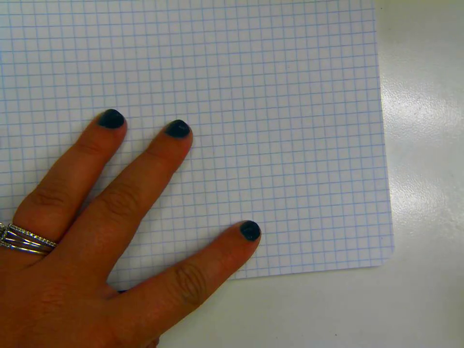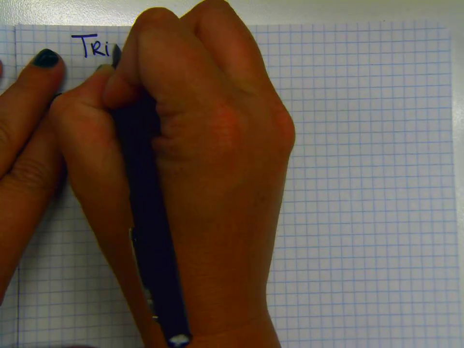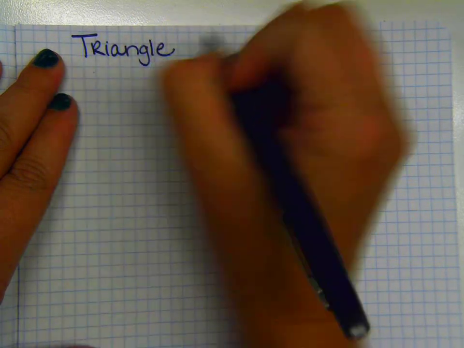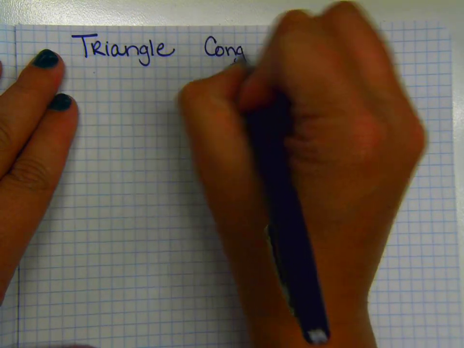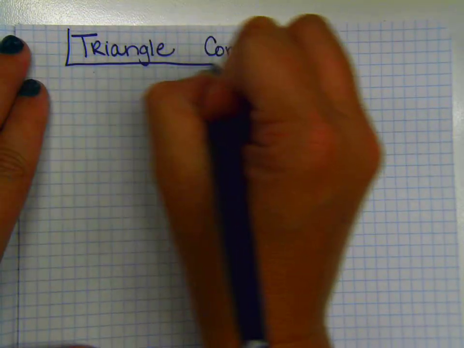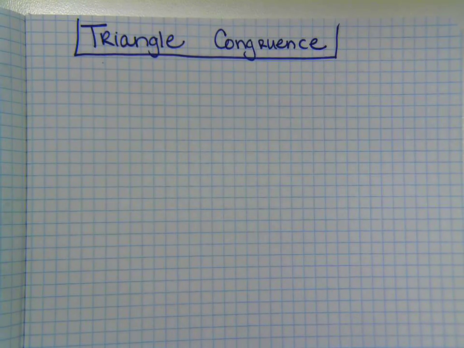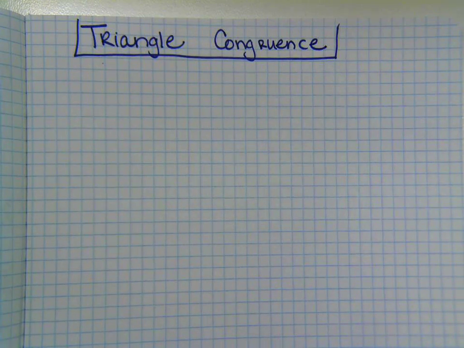The first thing that we are going to be taking notes on, on page 10, is triangle congruence. Now, this will be a review from Integrated 1. We did talk about this in Integrated 1, but there are some theorems that go along with it.